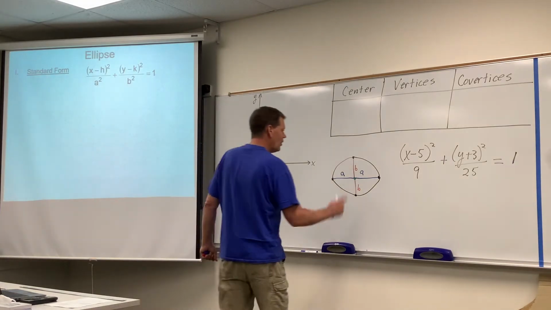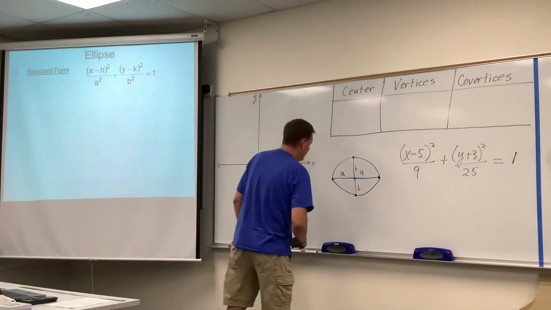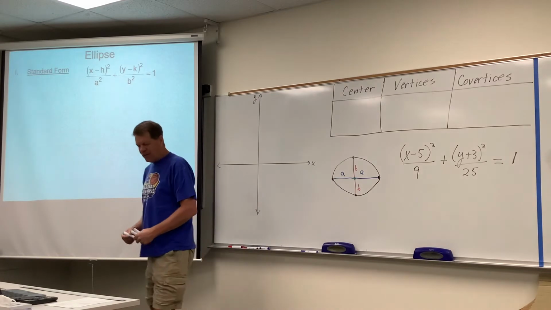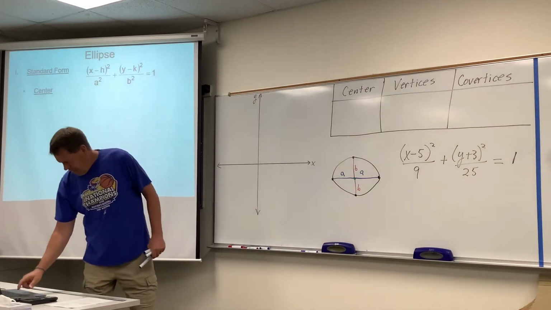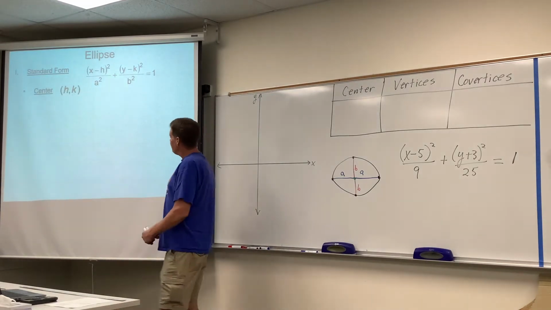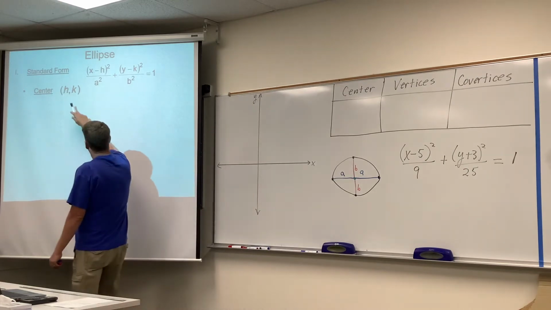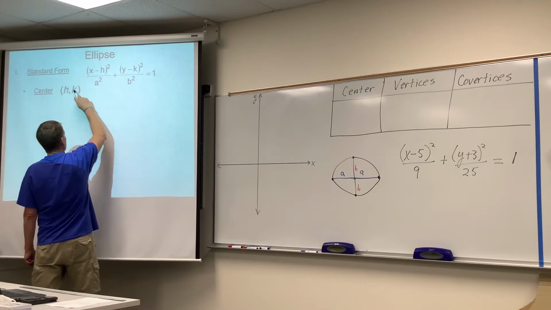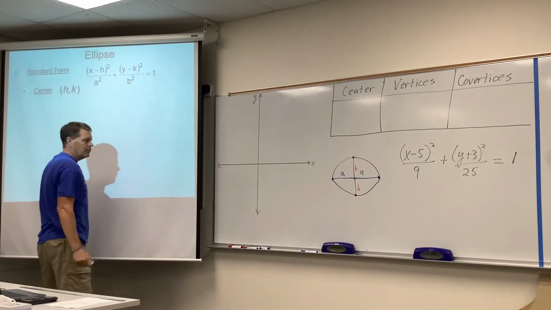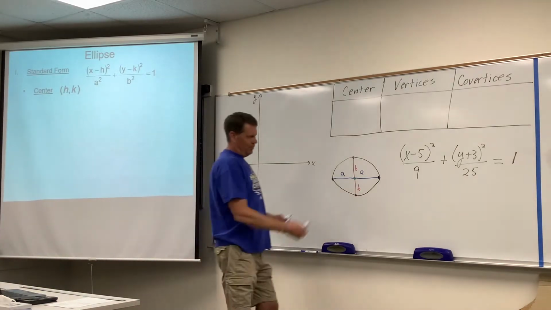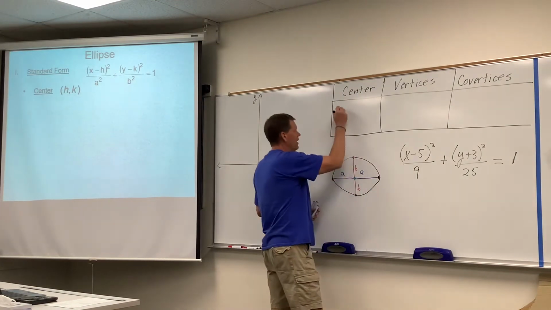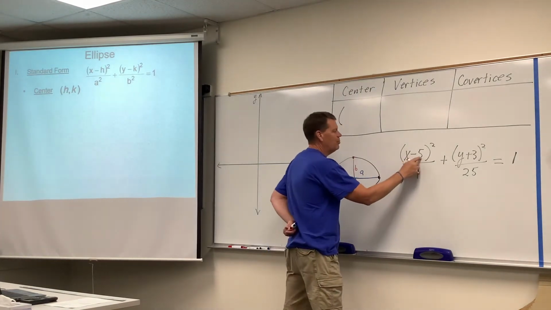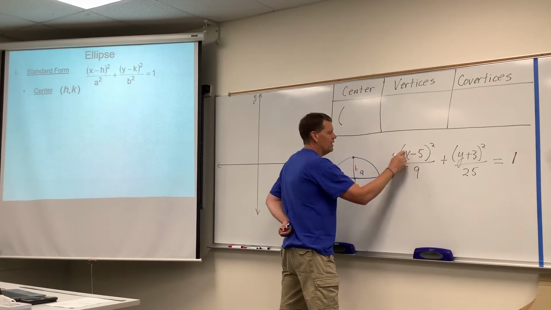If we were to identify the center from this, I hope you would remember how you find the center from a circle. You have your notes in front of you. The x-coordinate is the number being subtracted from x, and the y-coordinate is the number being subtracted from y. You also might remember that we said, what would you have to put in for x to make that equal 0?